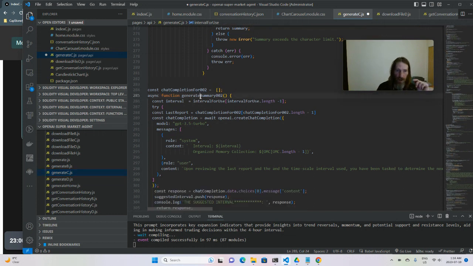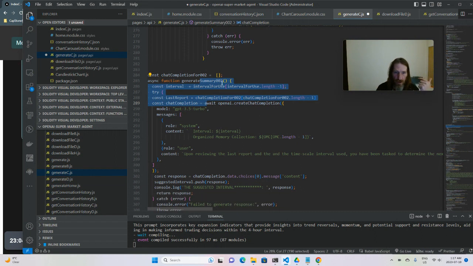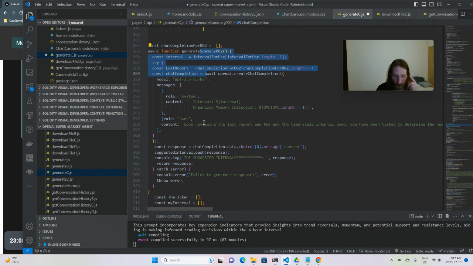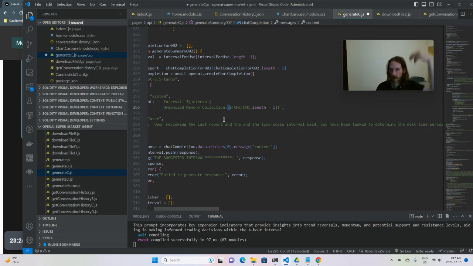So now I have this other generate summary 02. Kind of the same thing here. I got system rule. So here I said in the interval, the organized memory, from the last prompt there.